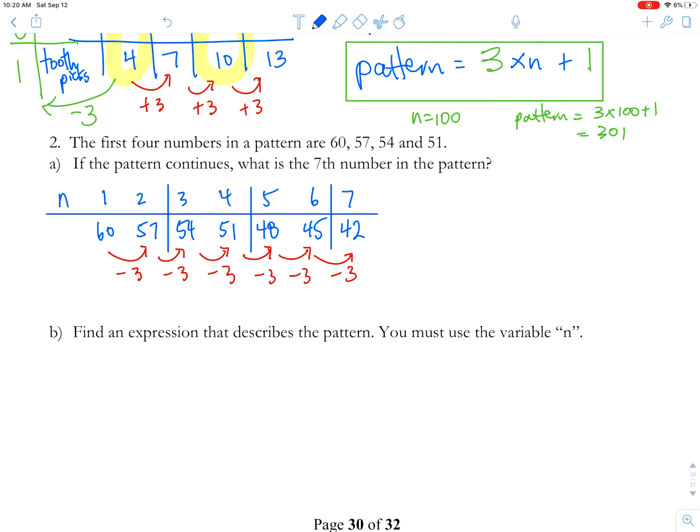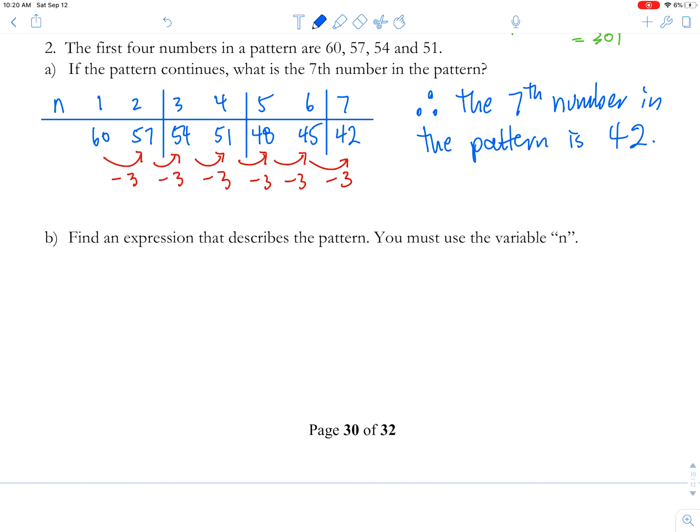So just by not even coming up with the actual pattern, I could figure out that the 7th number would be 42. So therefore, the 7th number in the pattern is 42.